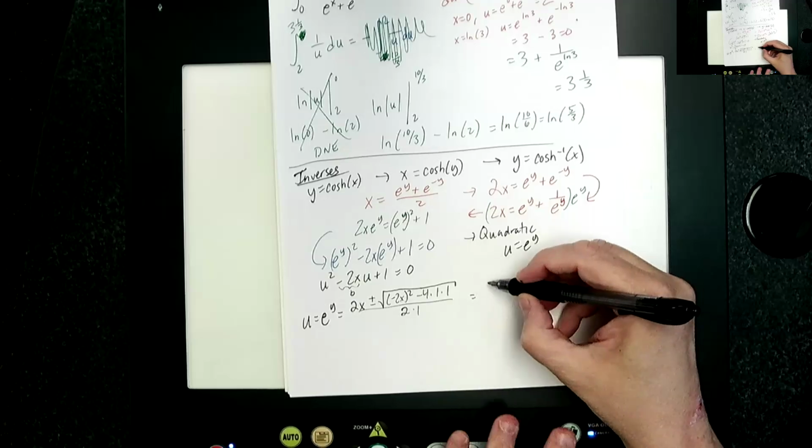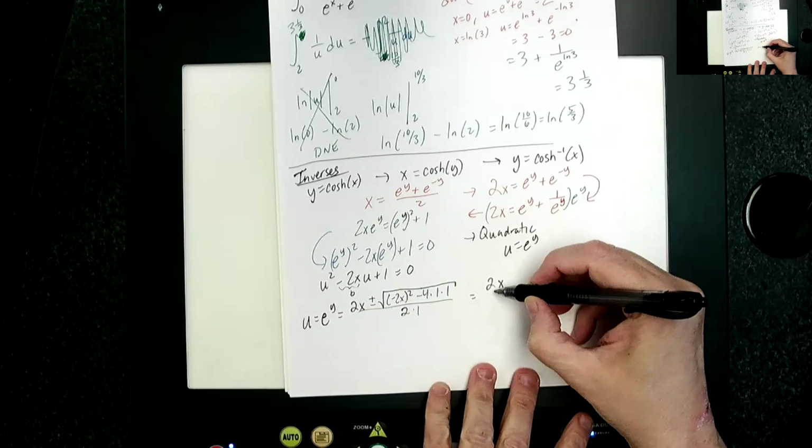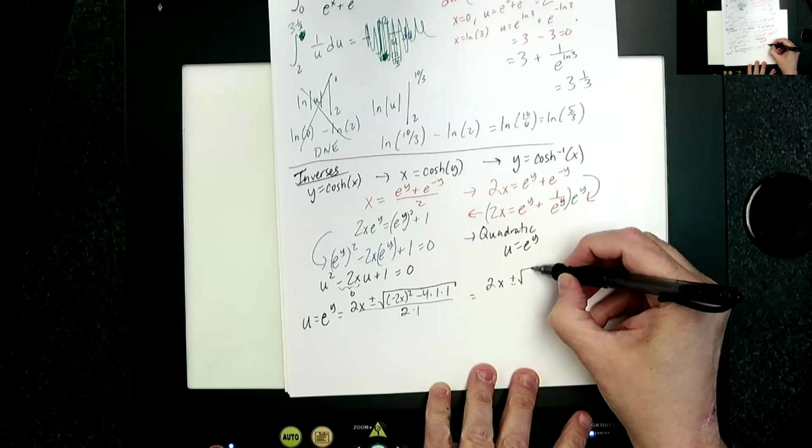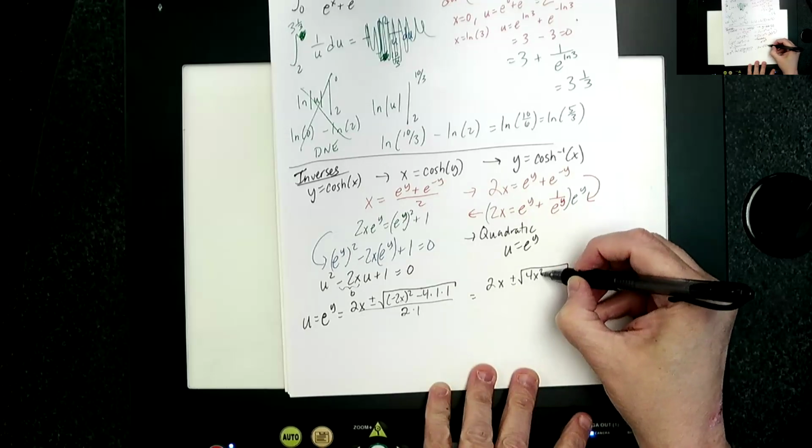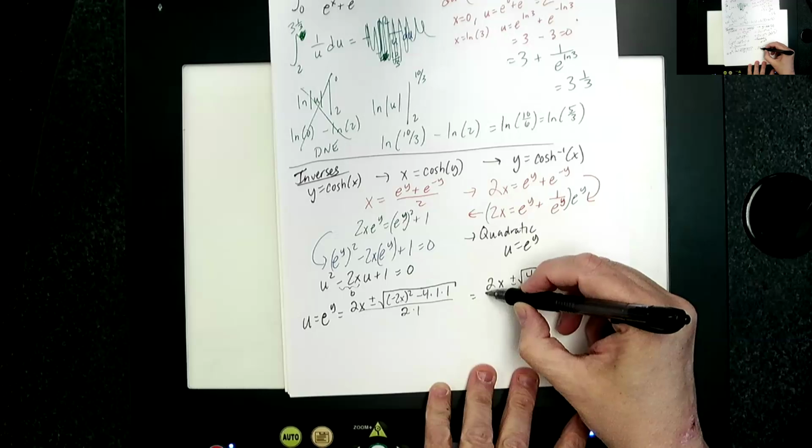If I clean that up a little bit, I got 2x plus or minus the square root of 4x squared minus 4 over 2.